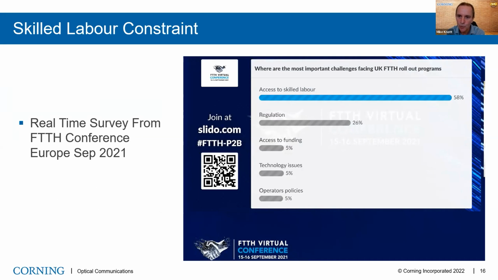The online poll was: what are the most important challenges for the rollout? So this is real data that came in real time. And you can see here, the biggest problem was access to skilled labour. So this splicing process that I mentioned earlier is really borne out by real figures from a live event.